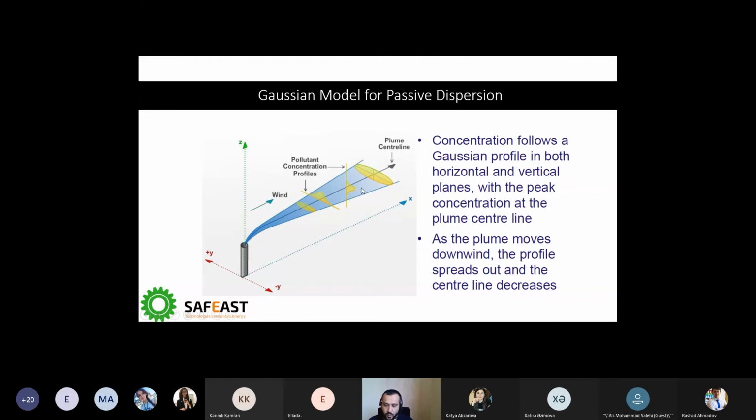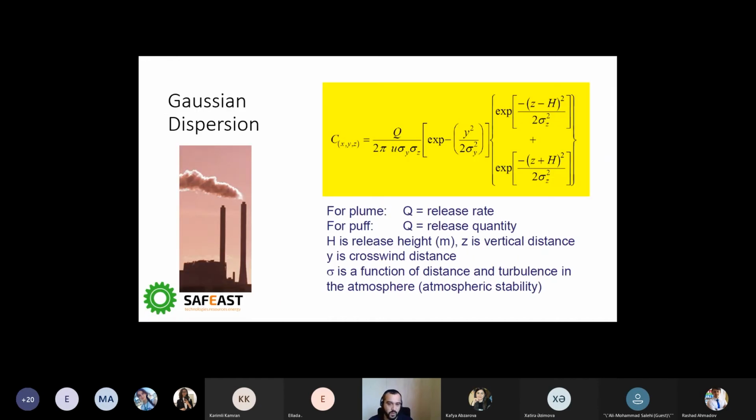Gauss really simplified this process in terms of the calculation. Looking at the Gaussian modeling, you can estimate the concentration at a certain distance on the plume centerline.